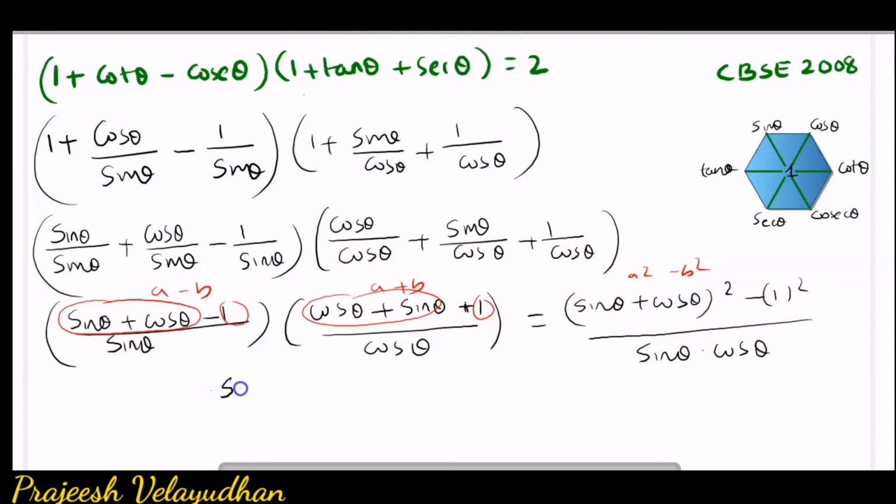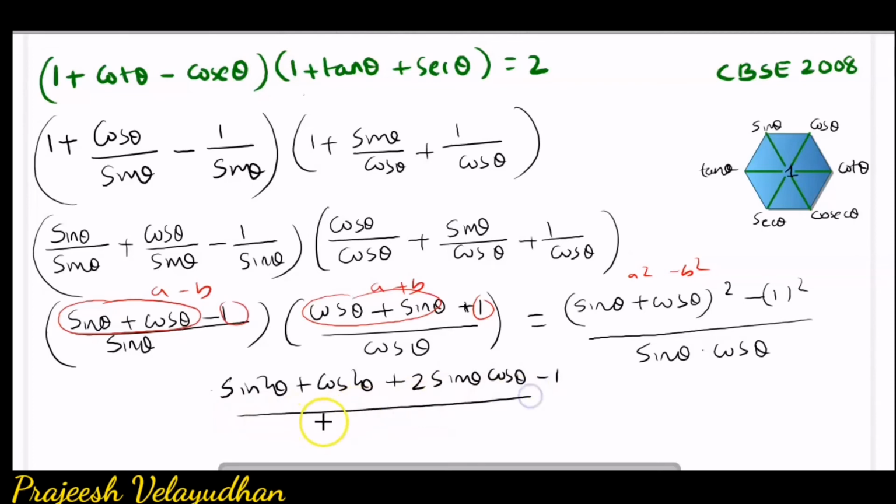So we can write the identity: sin square theta plus cos square theta plus 2 sin theta cos theta minus 1, upon sin theta cos theta.